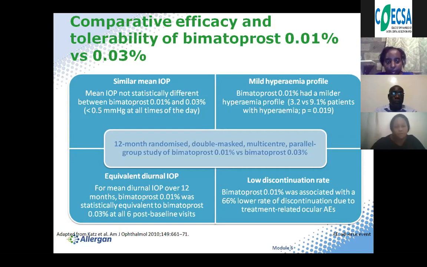Efficacy between bimatoprost 0.01 and 0.03 was similar at all time points. When you look at the hyperemia profile, Lumigan 0.01 was much milder. The IOP drop was also equivalent to Lumigan 0.03, and the discontinuation rate of 0.01 was much lower compared to 0.03.